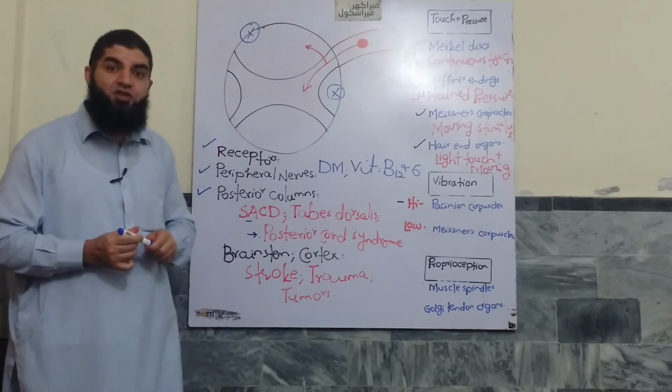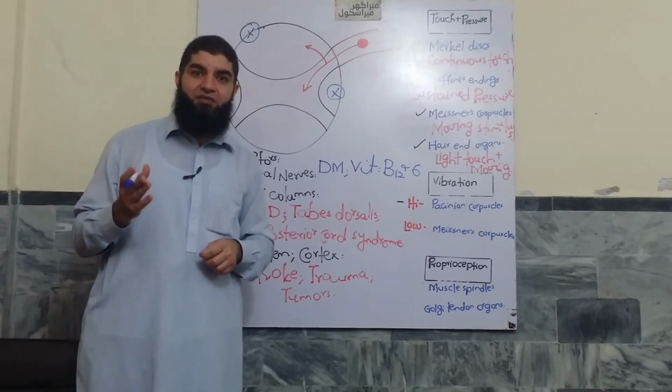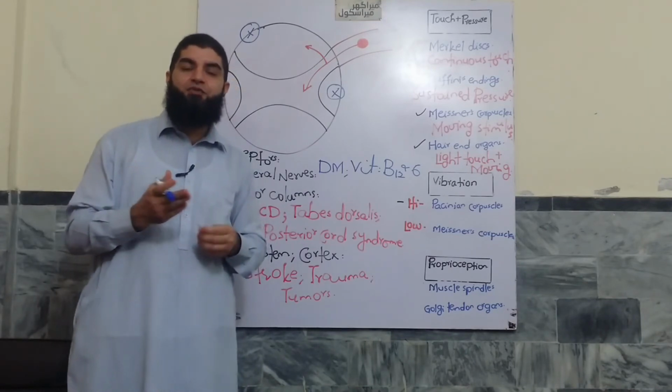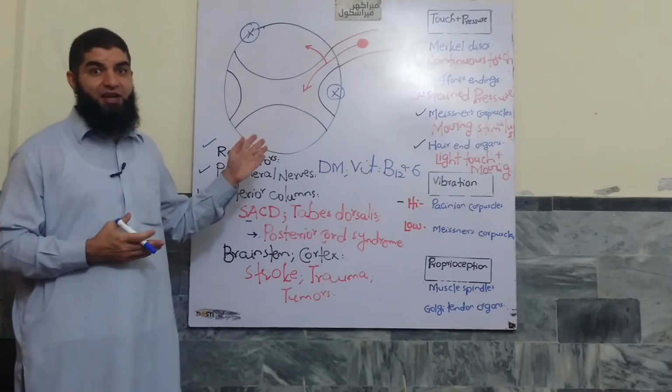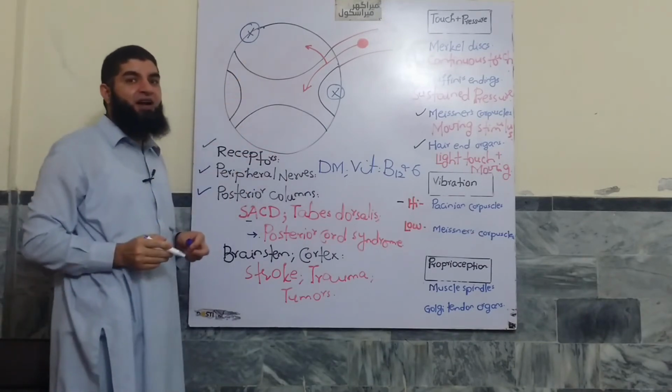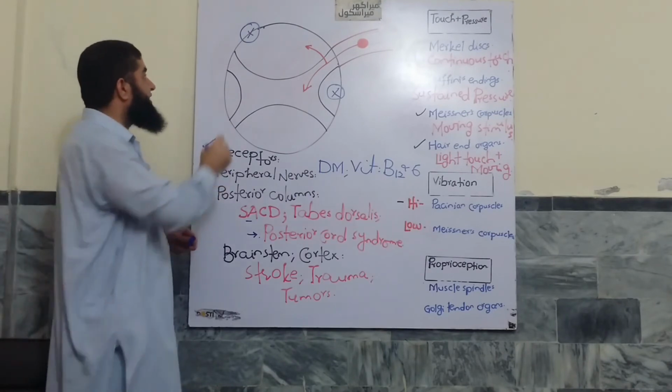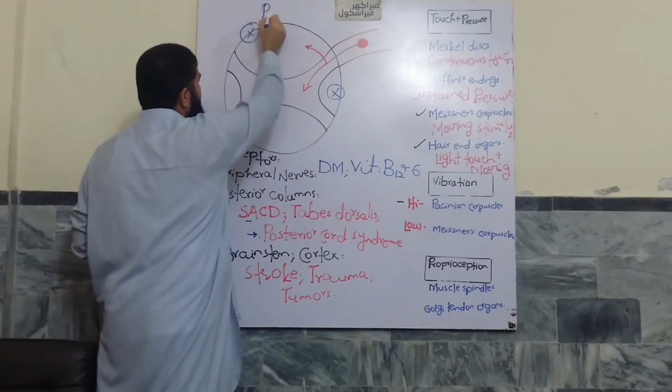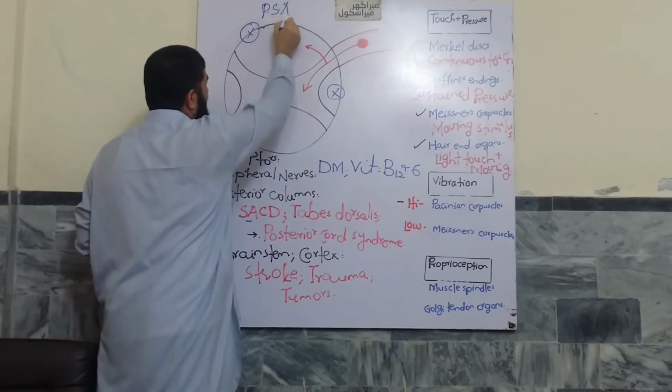Well, for any tissue to work, it needs to be alive, and the fundamental basis of life is blood supply, perhaps. Okay, so this part, the posterior part of the spinal cord, is supplied by the posterior spinal artery.